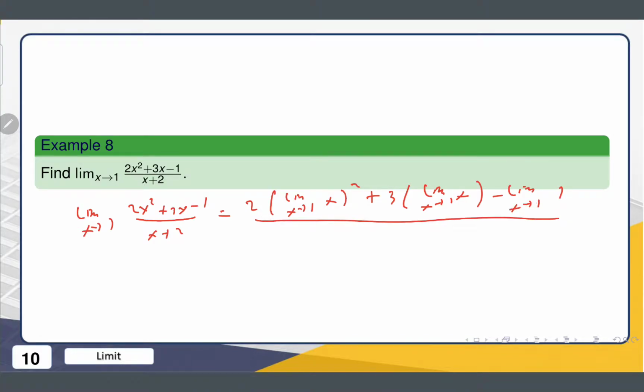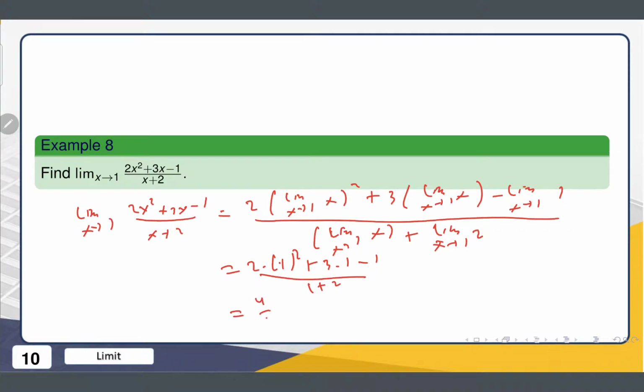And for the denominator, we can do like this: the limit as x approaches 1 of x plus the limit as x approaches 1 of 2. So what you have is (2 times 1 squared + 3 times 1 - 1) / (1 + 2). You have 4 over 3.